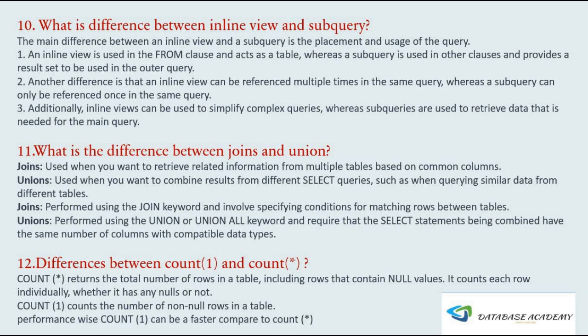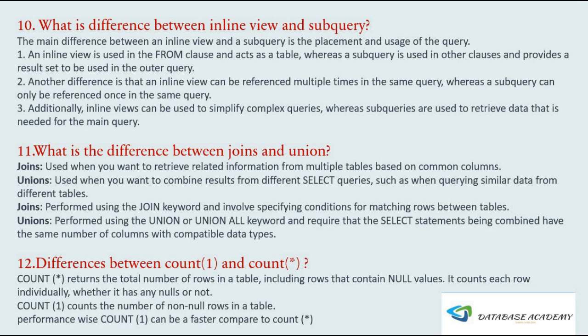Join is performed using the join keyword and involves a specified condition for matching rows between tables. When we are using the union, we need to use the union or union all keyword, which requires the select statements being combined to have the same number of columns and compatible data types.